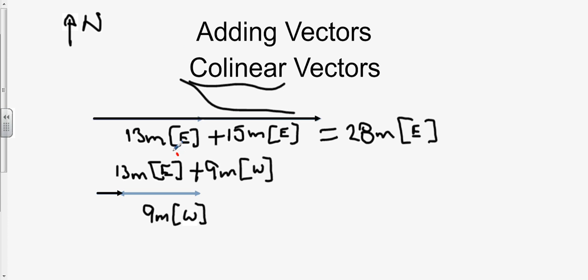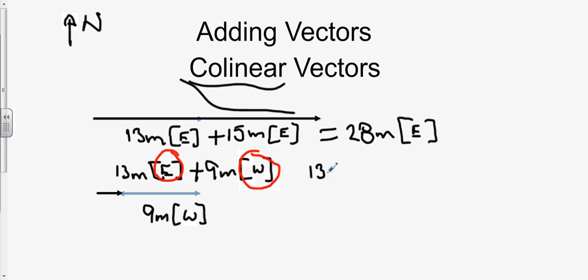Here we have east, here we have west. We can't add them together like that. So what do we need to do? We need to change one of them so that the directions are the same. Now, in the case of colinear vectors, that's quite easy, because west is simply negative east. So let's just change that.